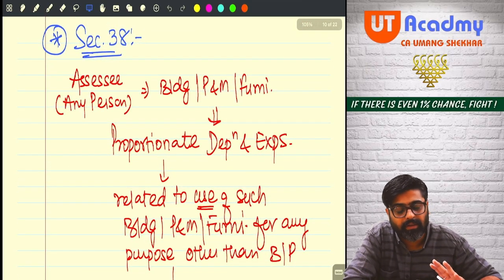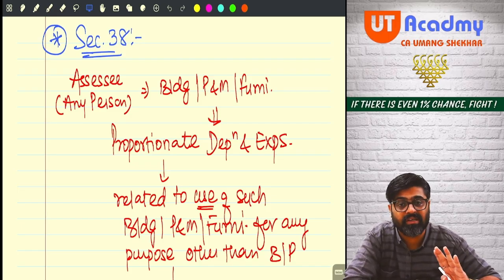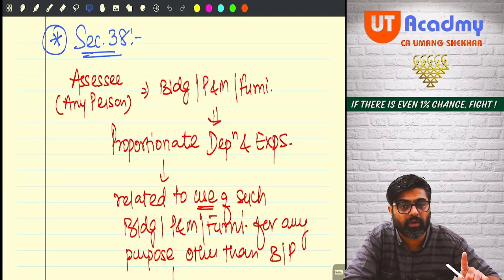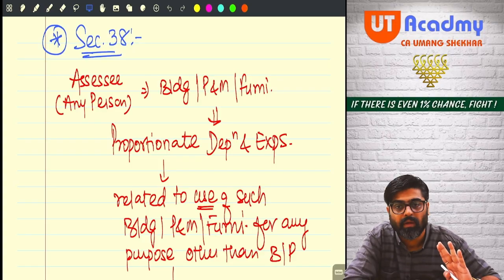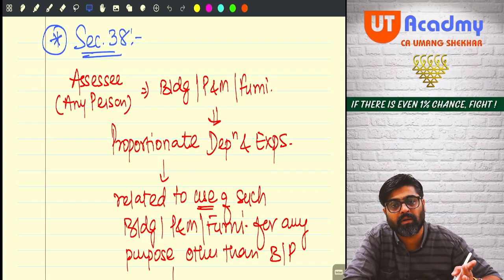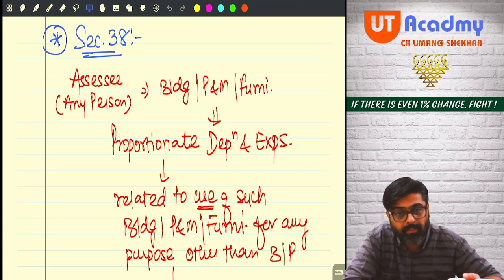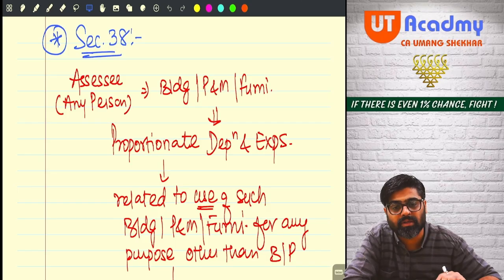But wait, this section 38 which we are going to discuss now is applicable for all the expenses as well as the depreciation of the assets which are used for the purpose of your business or profession. Whether those expenses are allowable under section 30 or 31 or any other section, or even the depreciation which is allowable under section 32.